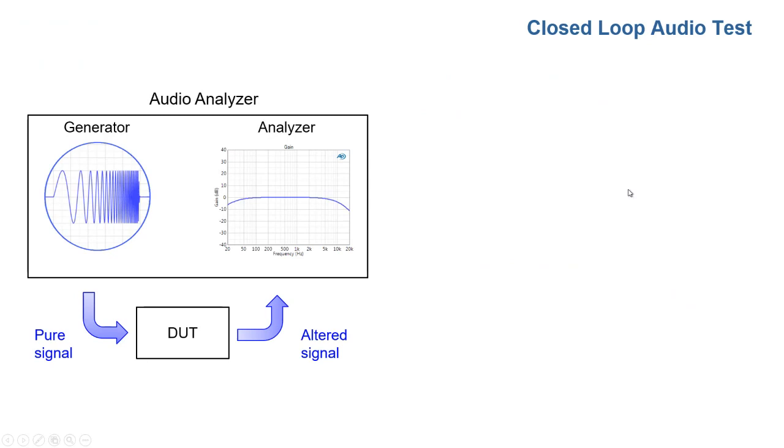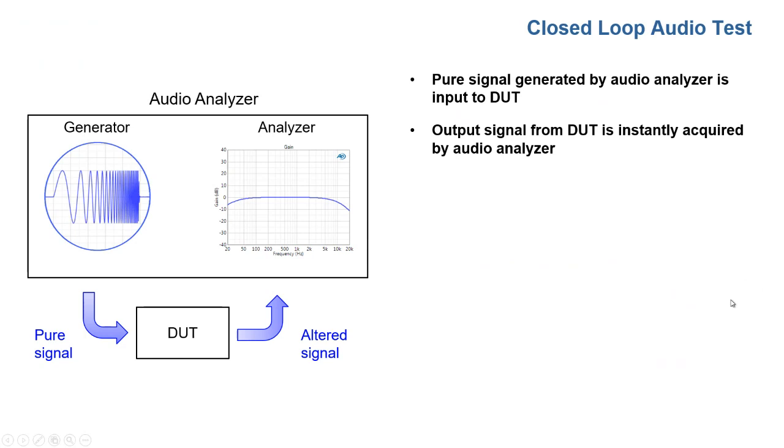All right, so first some definitions. What do we mean by closed loop audio test versus open loop audio test? In a closed loop test, the audio analyzer works in concert with the generator. First, a pure signal is generated by the audio analyzer and input to the device under test, or the DUT.